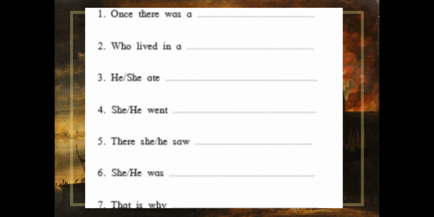So you can take it as first number, it is written there: Once there was a little boy, teacher, young woman, young man, anything you can take. Second, who lived in a city, small hut, bungalow, small room, as you wish you can write. Next, she ate lots of chocolate.